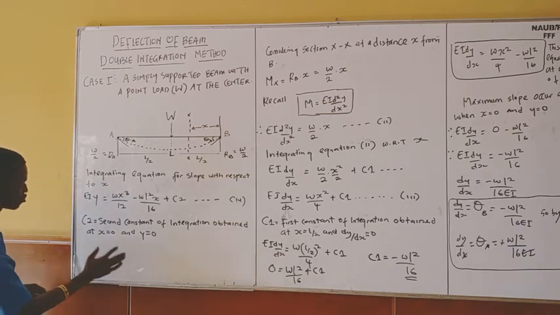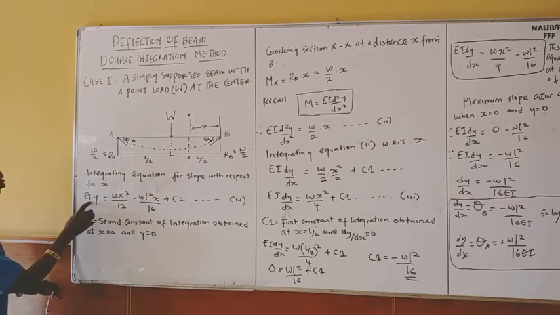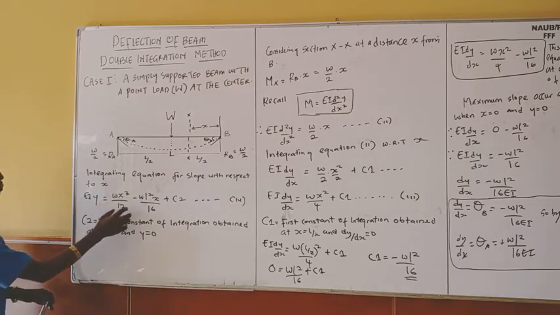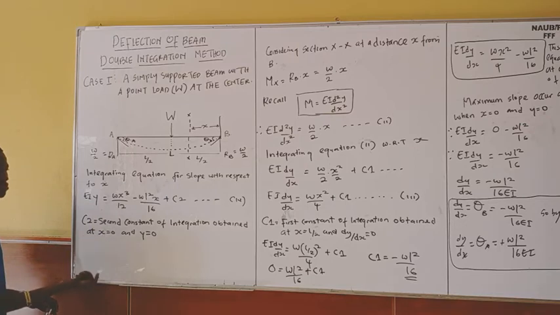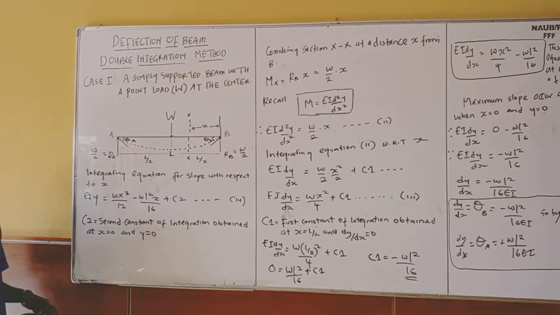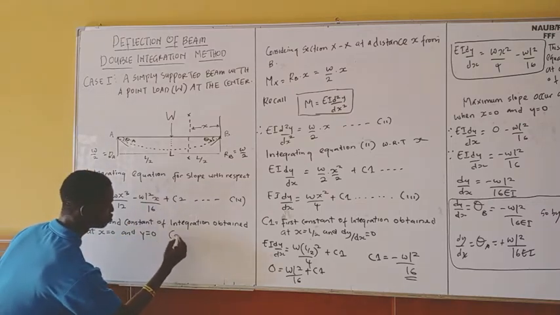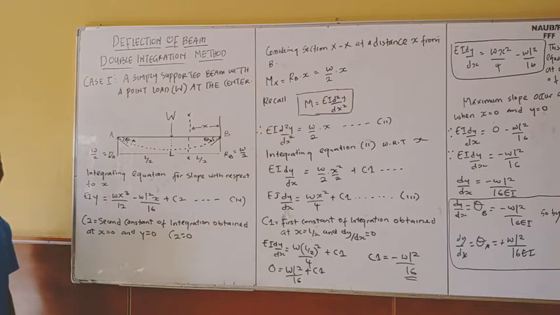So if I substitute x equal to 0 and y equal to 0 into this equation, here I'm going to have 0 because y is equal to 0. Here I'm going to have 0 because x equal to 0. Then here I'm going to have 0 because x equal to 0. So I'm left with c2. Definitely c2 will be equal to 0. I hope you understand.